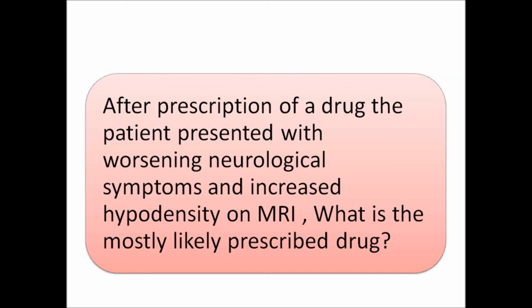So we should screen the patient for JC virus before prescribing natalizumab. This results in worsening of neurological symptoms because the name is leukoencephalopathy, which is a pathology of the white matter, which is the original pathology of multiple sclerosis.